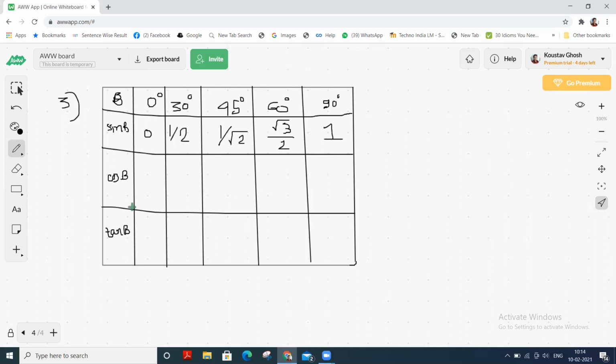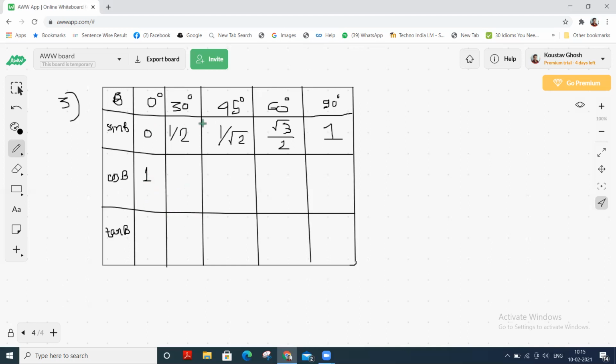In the same way, for cos B, suppose sine square B plus cos square B equals 1. Sine square B is 0, so cos square B equals 1, so cos 0 is 1.